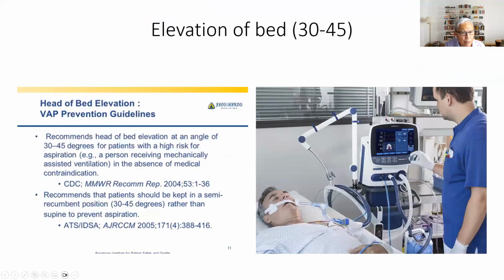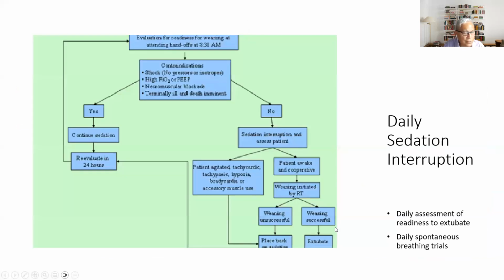And in this separate slide, it's going to tell you about the head of bed recommendation. The recommendation is that they must be at around 30 to 45-degree angle. And then, of course, the earlier we extubate the patient by weaning them, the better it's going to be.